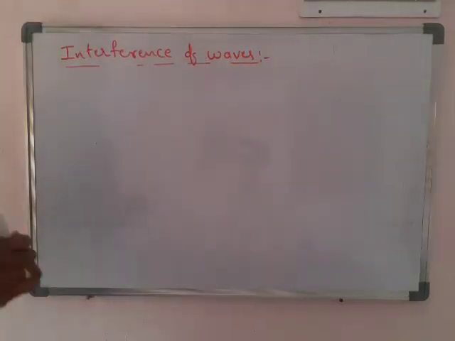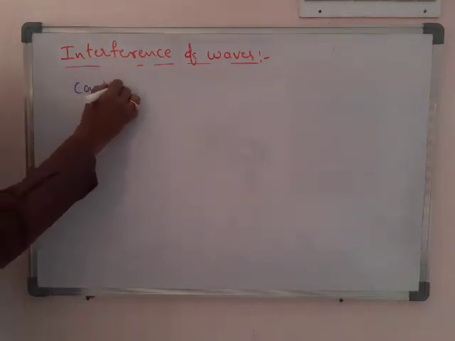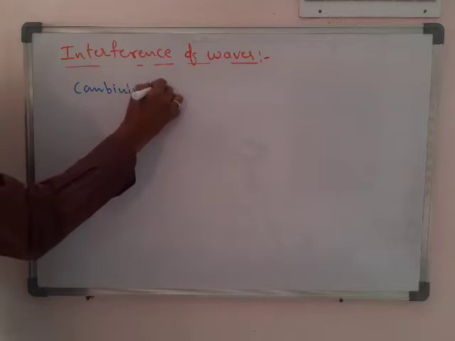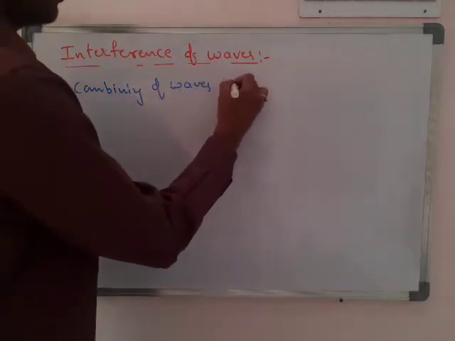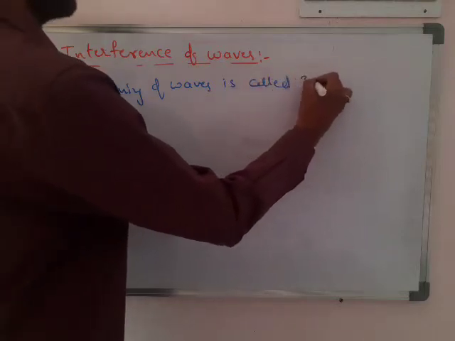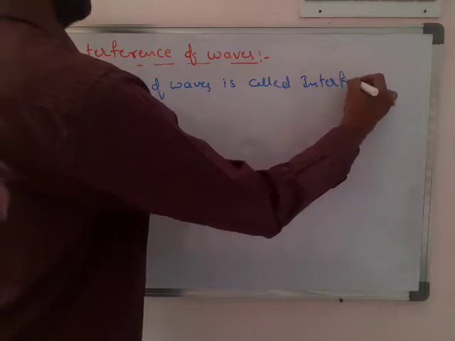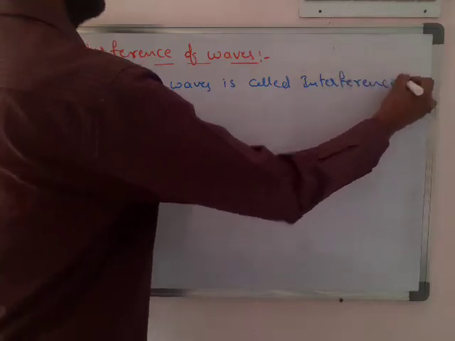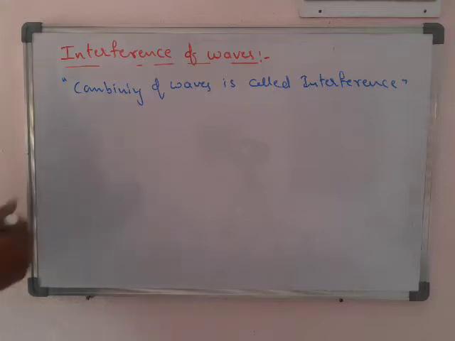First, we see what the interference of waves is: the combining of waves. Combining of waves is called interference. So there are two types of interference.